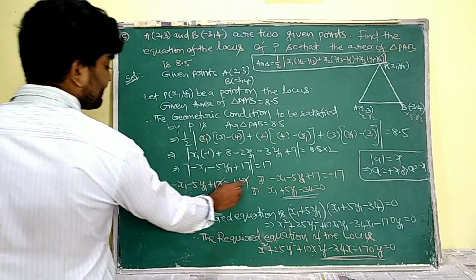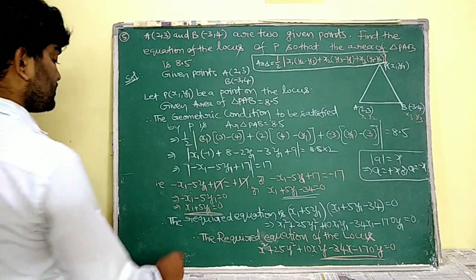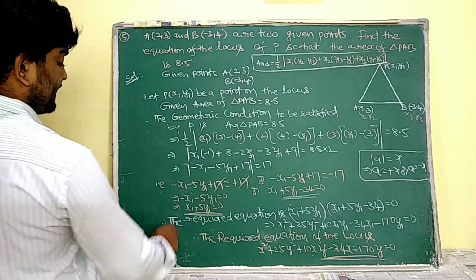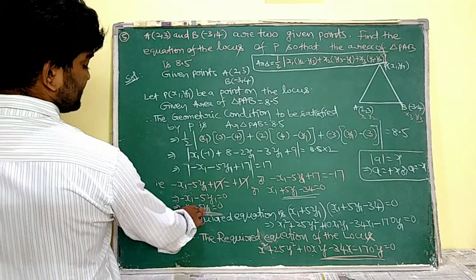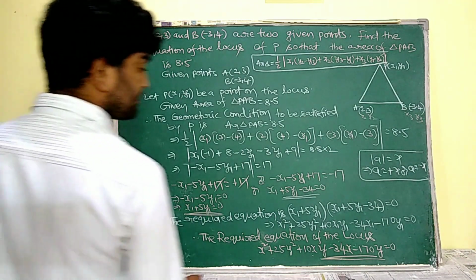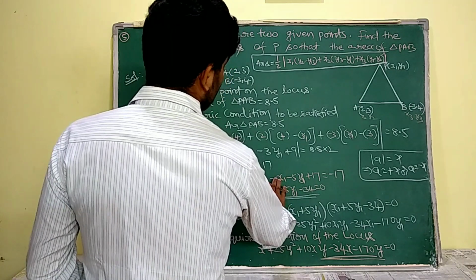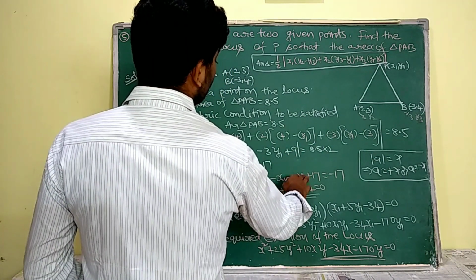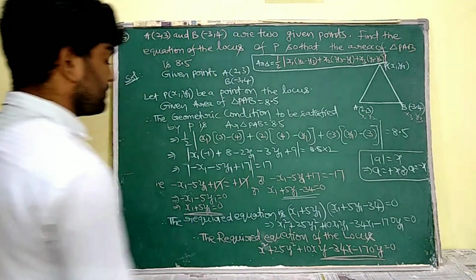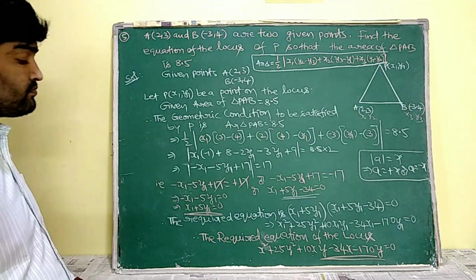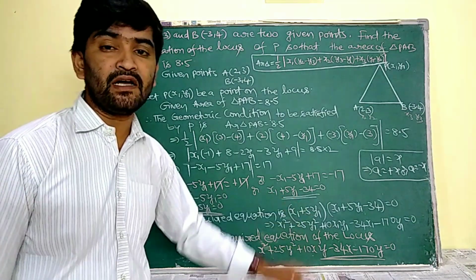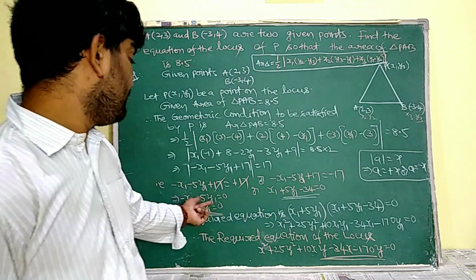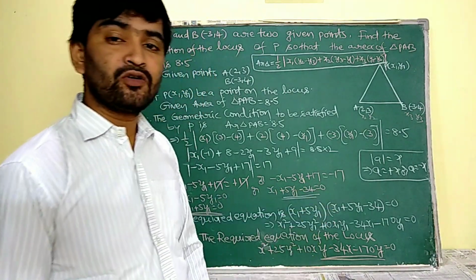Here this 17 and 17 are going to be cancelled. Now see, minus x1 minus 5y1 is equal to 0. Take out this minus as common, then x1 plus 5y1 is equal to 0. So here, transfer all the values to right hand side: x1 plus 5y1 minus 34 is equal to 0. Now the product of these two gives us the required equation of the locus. Therefore, the required equation is the product of these two, equal to 0.